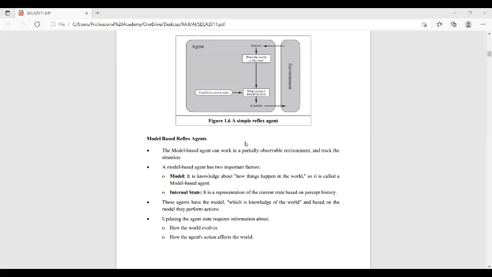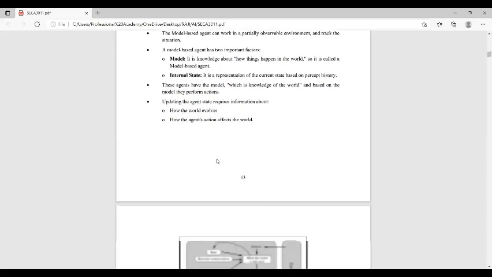It has an internal state, the current state based on the percept history, so it relies on the history that we already have. The agent has a model, which is knowledge of the world, and based on the model they perform actions. This is called the model-based reflex agent.